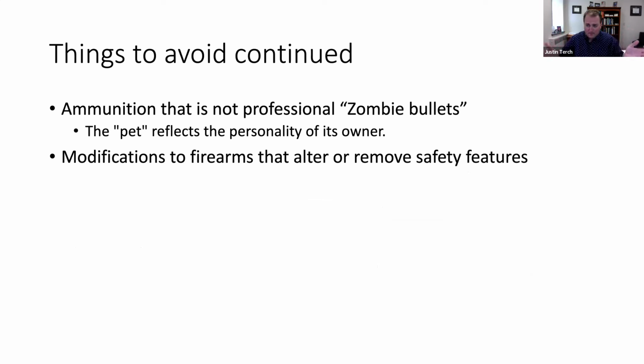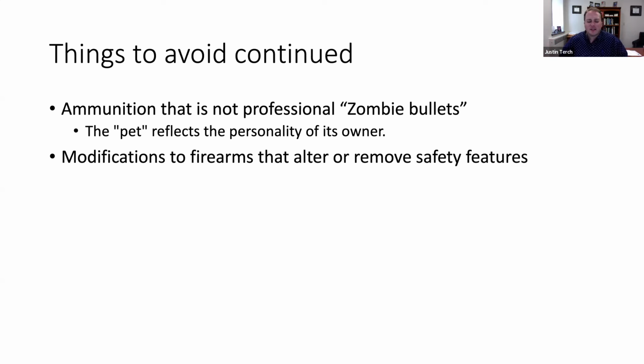We've seen zombie bullets and tracer bullets and streak bullets, and those are fine for the range, but for your carry gun, it's got to be one of the big main manufacturers of jacketed hollow points. No armor piercing bullets and things like that, even if they're legal. Just because they're legal doesn't mean it won't be used against you.